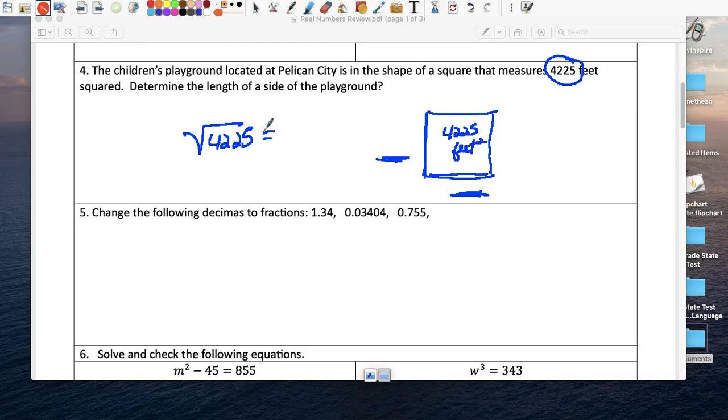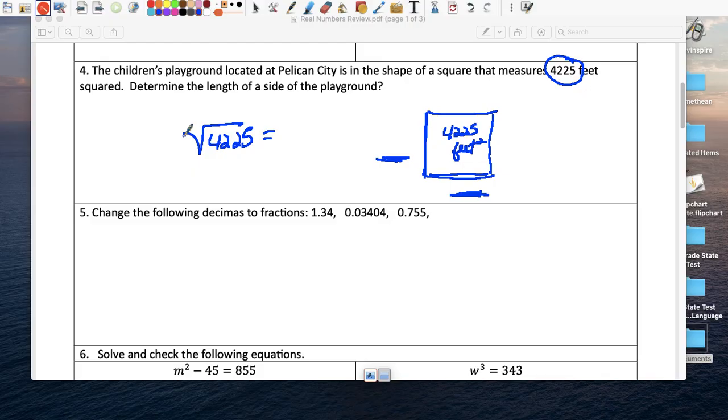Well, play with some numbers. Let's try 50. 50 times 50 is 2,500, right? So that's too little. So let's try 60, that's 3,600. 70 would be too much.